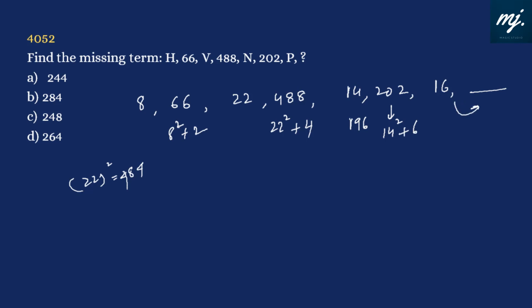So the missing number should be 16 squared plus 8, that is 256 plus 8, which is 264. Yes, 264. We have that in option D.